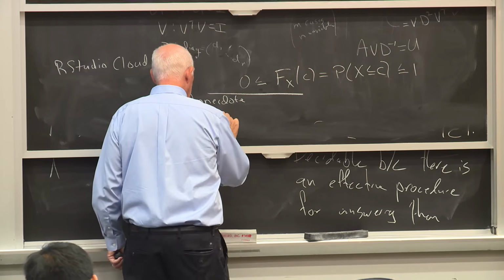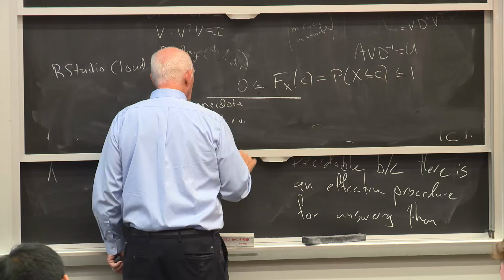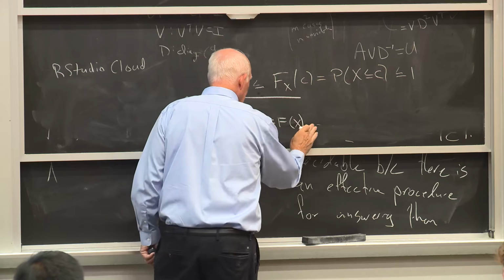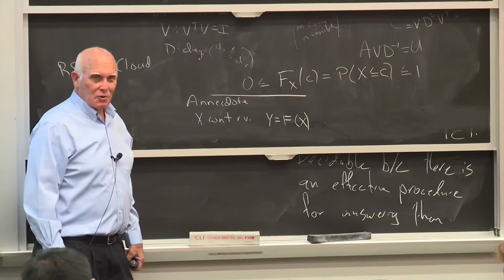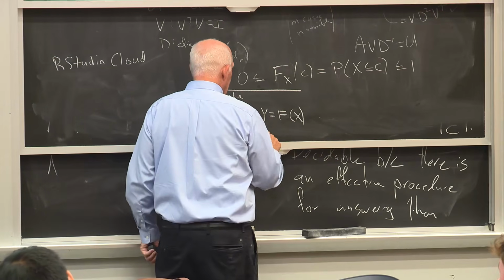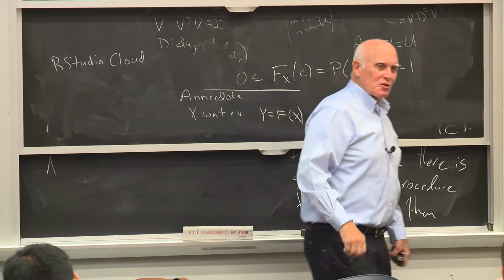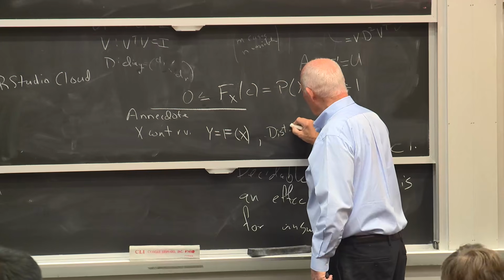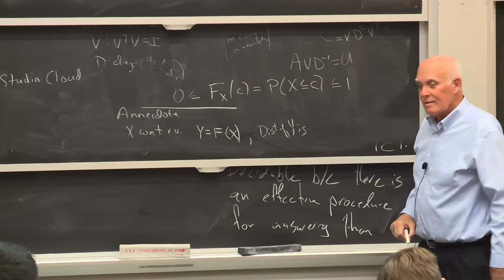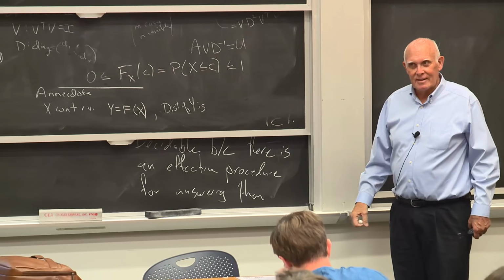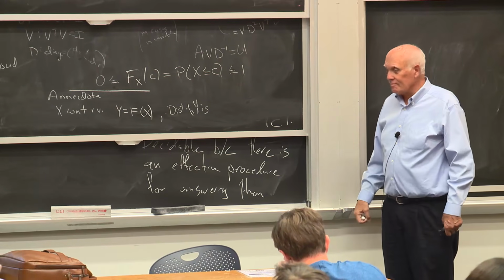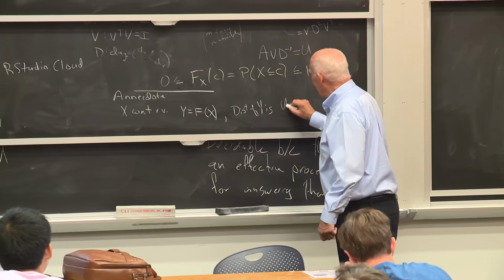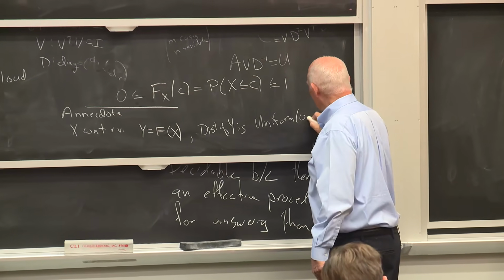If X is a continuous random variable, and we define Y equal to F(X), so we consider the probability integral transform of the random variable X, what is the distribution of Y? Uniform. Yeah, it's uniform on 0, 1.